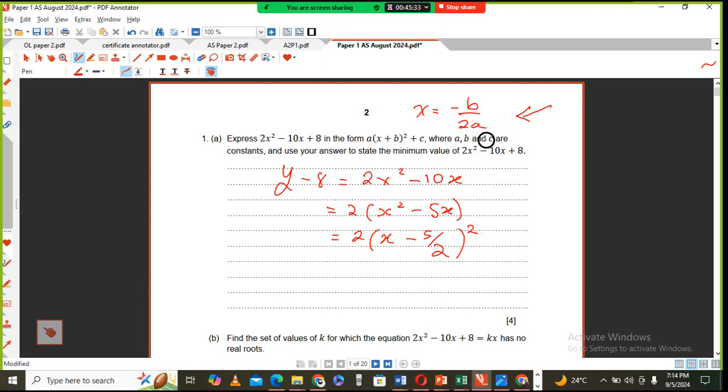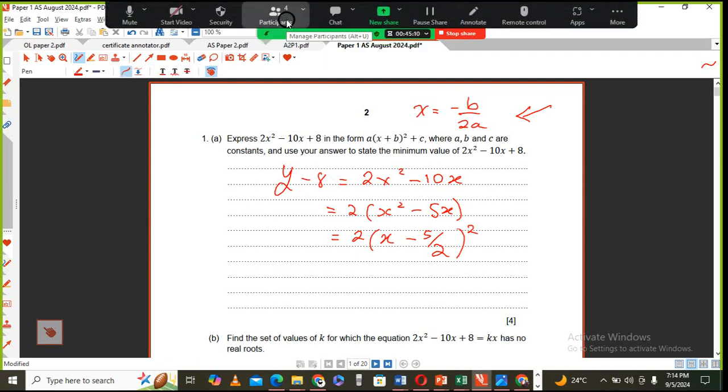And if you were to substitute into this one, you are going to get what? B is 10, so 10 over 2. You get 5 over 2, no? You should get positive 5 over 2 or positive 2.5.